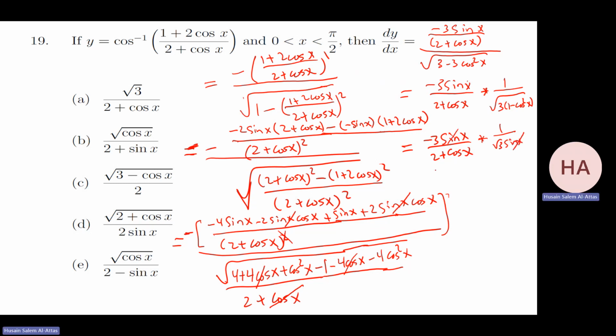So this is cancelled. Now I have minus 3 over root 3 times 1 over 2 plus cosine x. Rationalize, multiply by square root of 3 over square root of 3, you get what? Is it minus or plus?